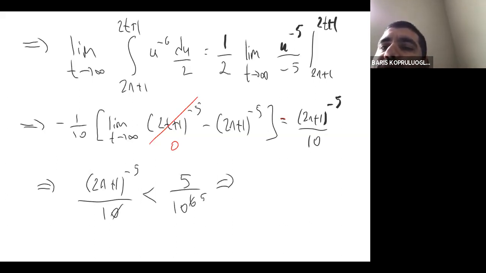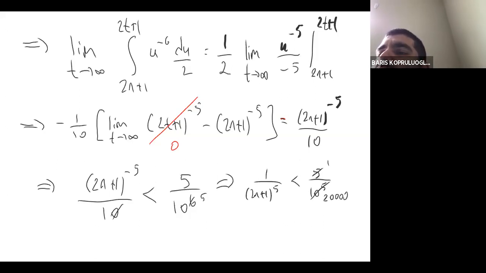So 5 over 10 to the 5th will be 1 over 20,000, because this is 100,000. So 20,000 is less than (2n plus 1) to the 5th.